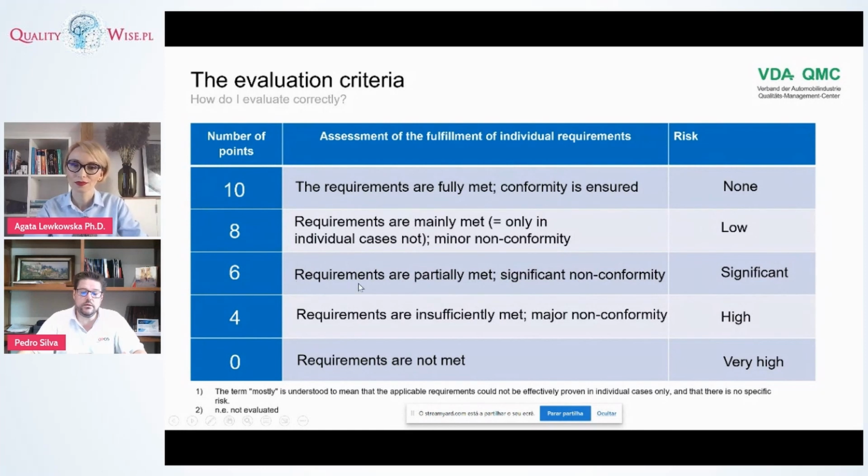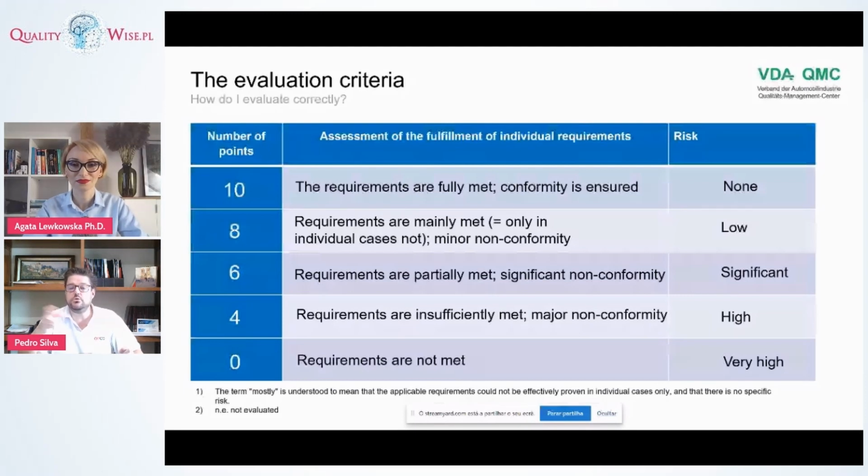A 6 is already partially met. It's already significant. It's riskier than the 8, if there are several incidents on the same topic, or if the risk starts to be higher for us or for the customer. Then 0 and 4. A 0 is also clear. If you ask something of the auditee and they don't have a clue what you're talking about, of course it's a 0.